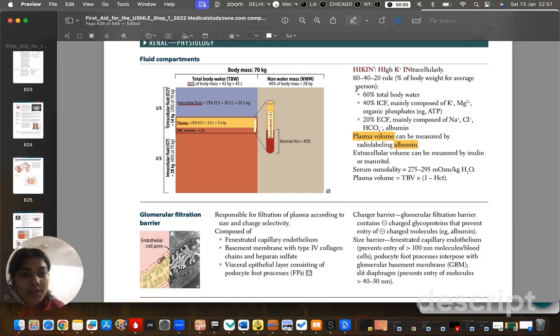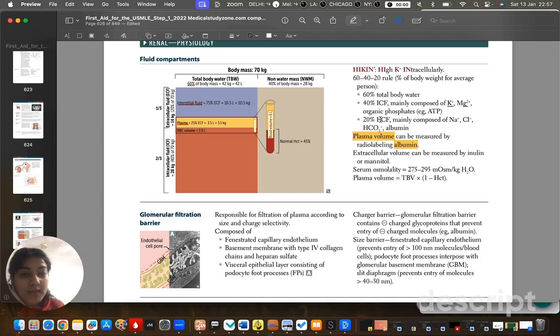Maybe. As you can see, 40% of intracellular contains potassium, magnesium, and all these phosphates like ATP, which you need for energy, and even ribose and things like that.